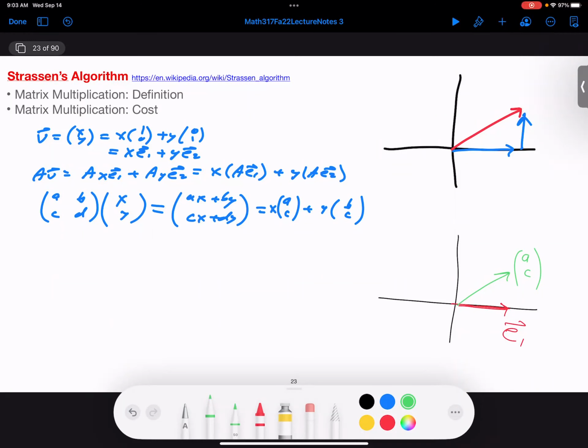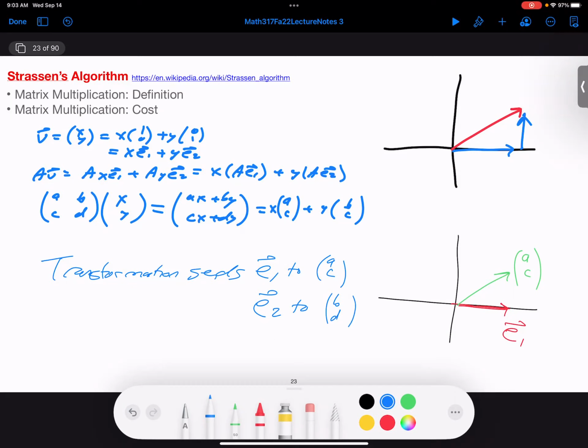My transformation is going to take a vector with 2 components as input and give me a vector with 2 components as output. We don't have to have square matrices, but let's keep things nice. So my transformation sends e1 to (A, C), and it will send e2 to (B, D).